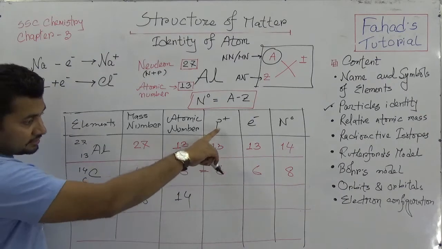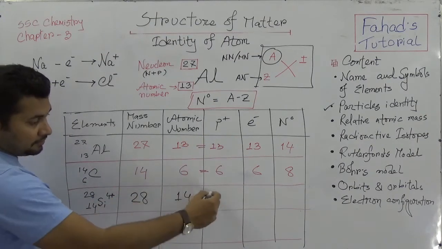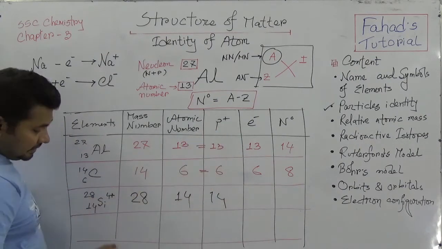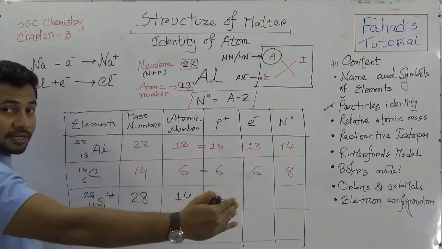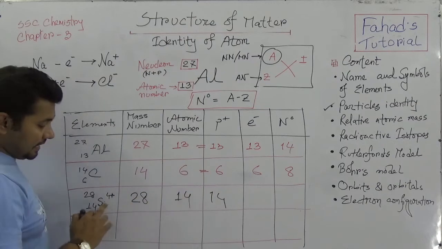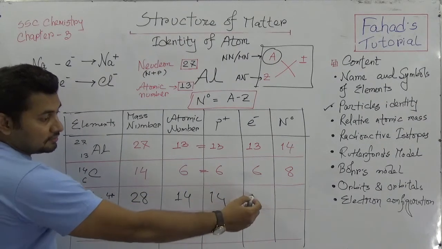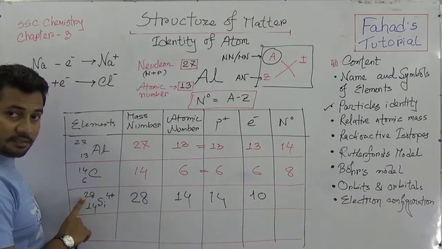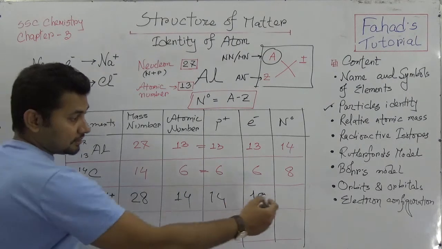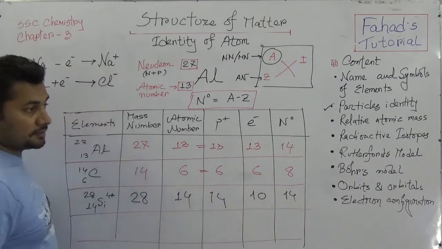Again, the proton number would be the same, 14, but for electrons, you see this 4 plus means it already released 4 electrons. If that happens, then here it would be 10 electrons. And 28 minus 14 is 14, so the neutron number is 14.